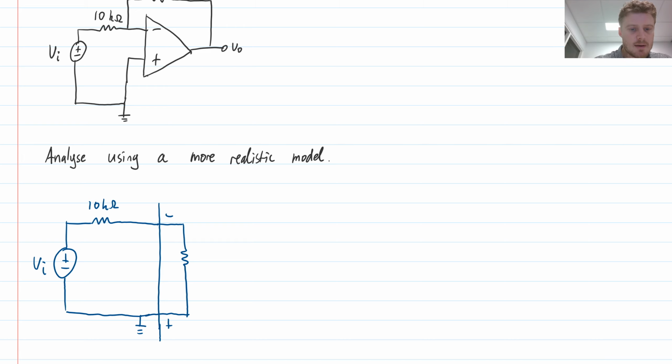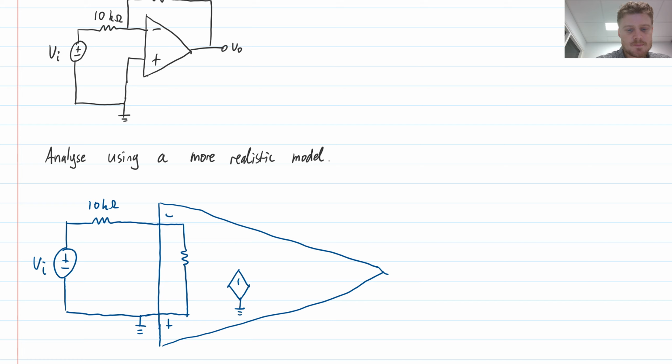Elsewhere, looking at the output stage of our op amp, we have the voltage-controlled voltage source, and we know that it is related to the voltages at these inputs. So this was Vn, and this one here is Vp.